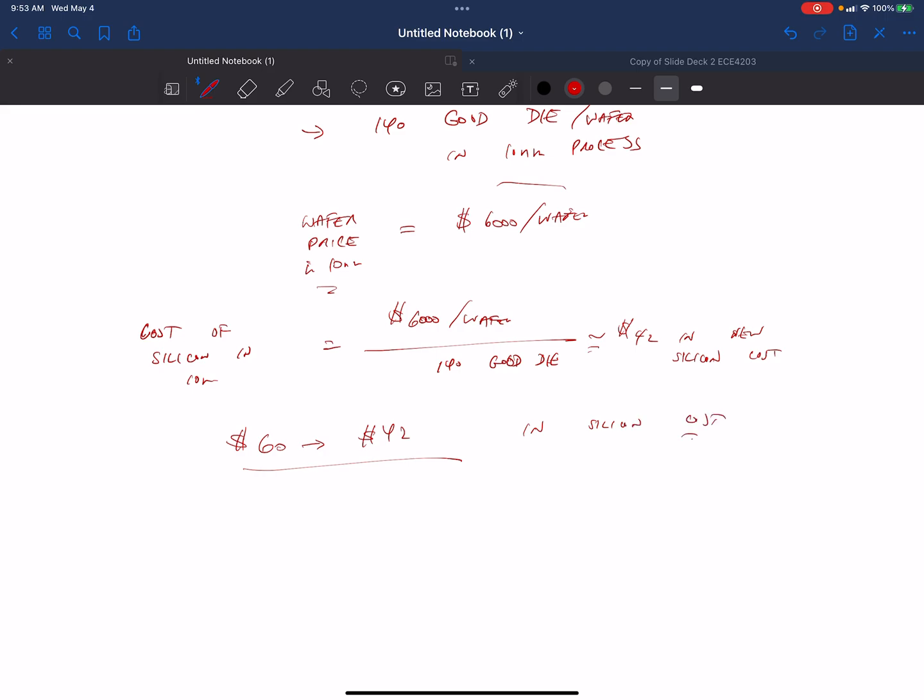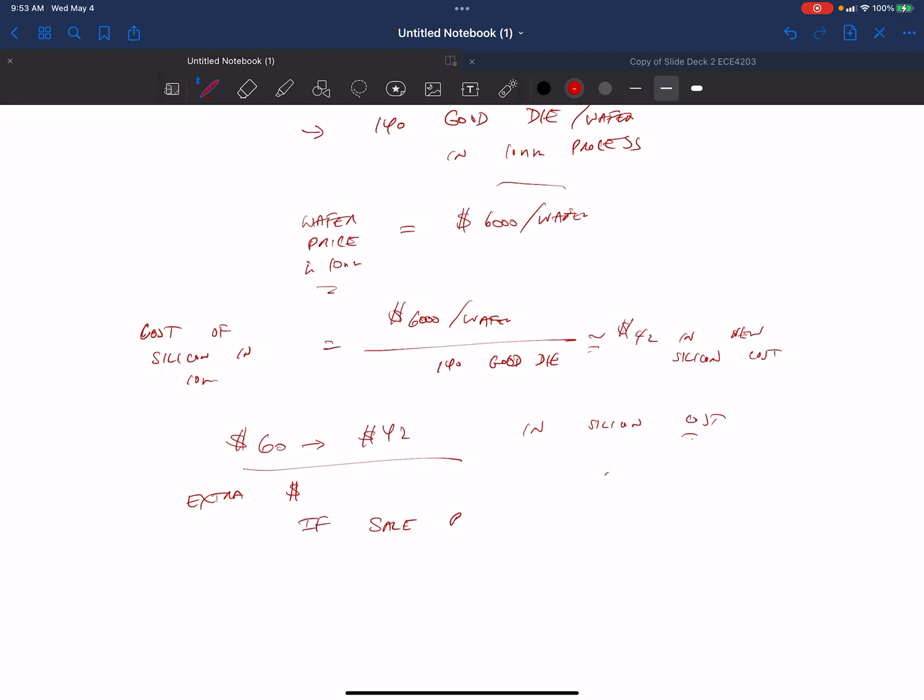And I don't think too much is going to change in the packaging or the testing. It's the same complexity part. So I think the package cost and the test costs aren't really going to change. So if we do this shrink, we're going to make an extra $18, if we sell it for the same amount.